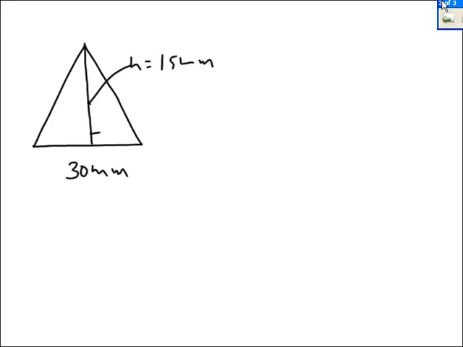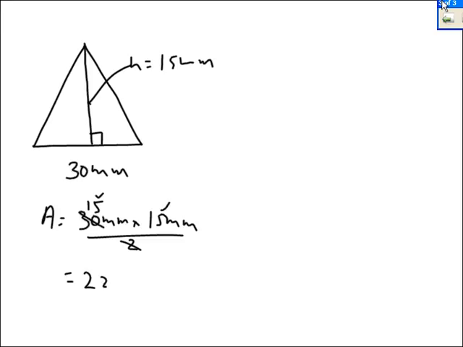And I have to tell you it's at a right angle. Okay, so the area is the base times the height divided by 2. And 2 goes into 30 15 times. 15 times 15, 225. Times millimeter times millimeter is millimeter squared.